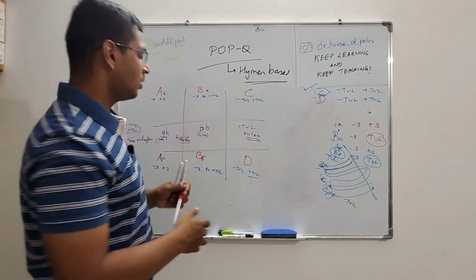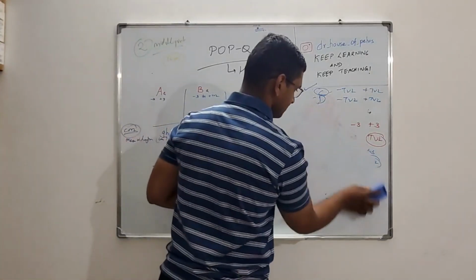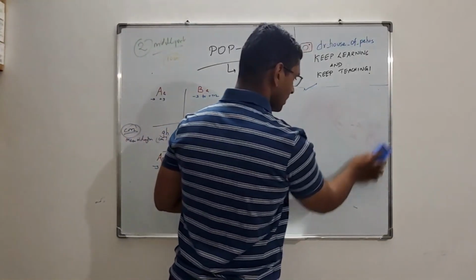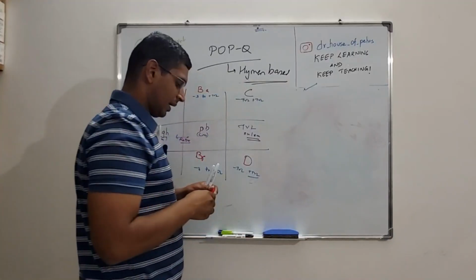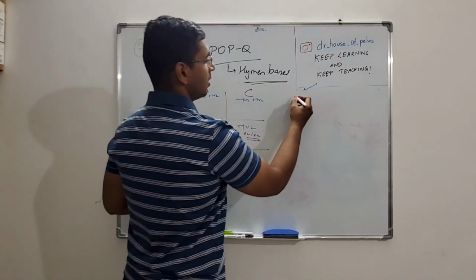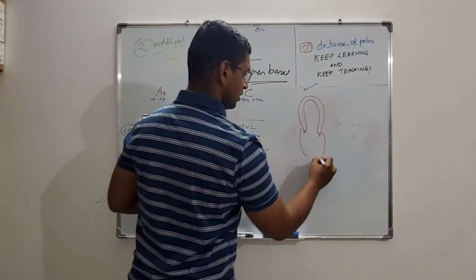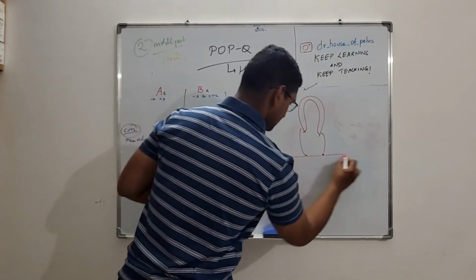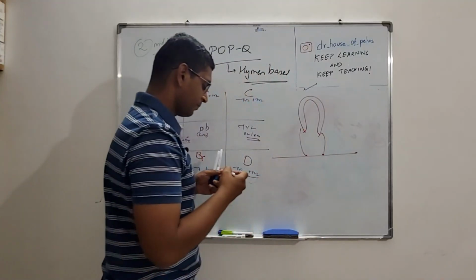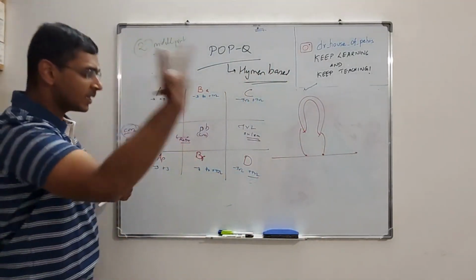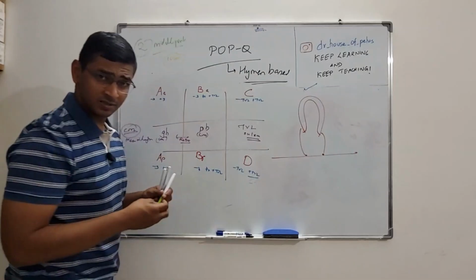So now, how do we stage prolapse based on this? Again, based on the axis of hymen. This is the uterus, this is the hymen, this is the axis of hymen, right? Now the most dependent point, which means, how many points do we have?